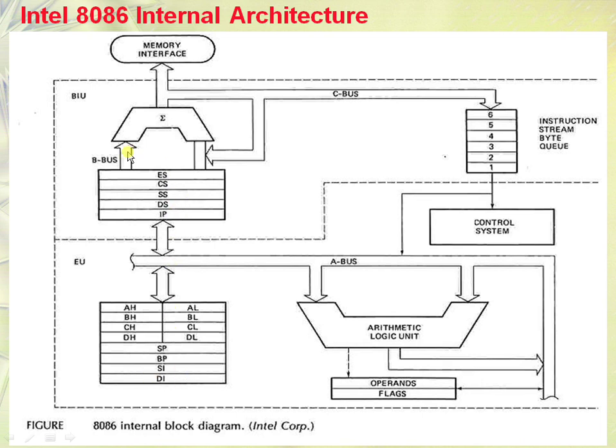Now that address will be calculated, or the physical address will be calculated, by this summer or adder. What do you mean by physical address? Physical address is nothing but the location where the operand actually resides, the exact location where the operand resides. By adding these segment registers along with the pointer as well as index registers, this particular adder will be producing the physical address.